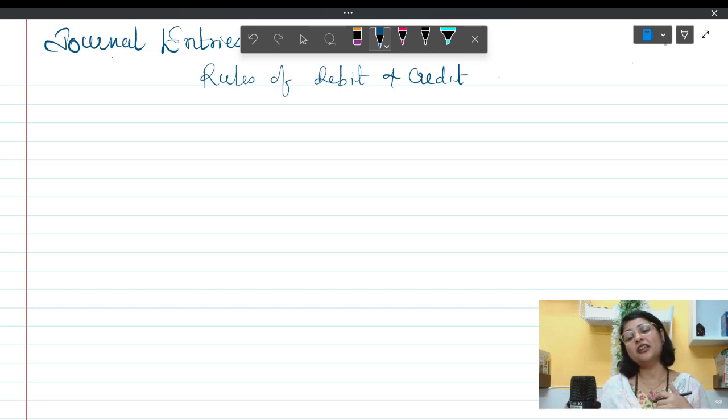For debiting and crediting, first of all we need to know how many types of accounts there are. To know the debit and credit rules, we need to know the types of accounts also. As per the modern concept, there are actually 5 types of accounts.